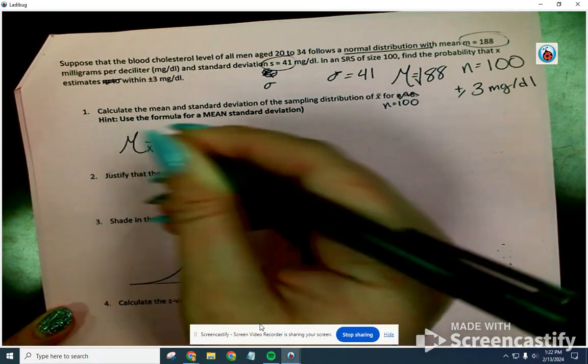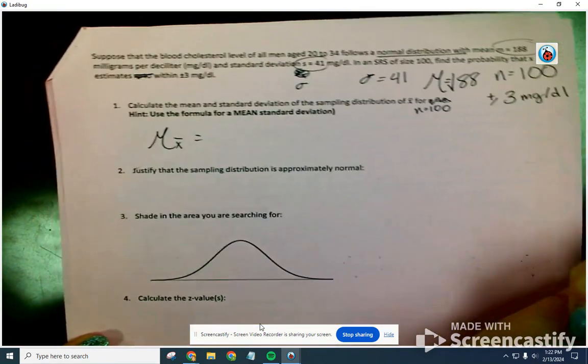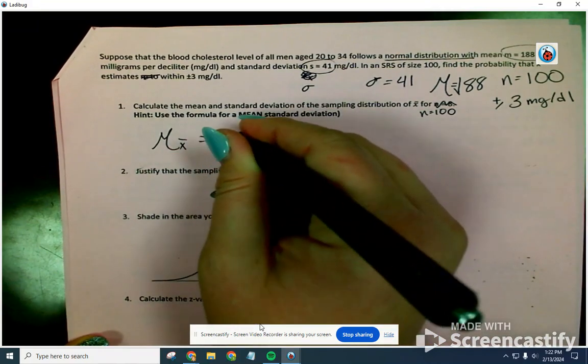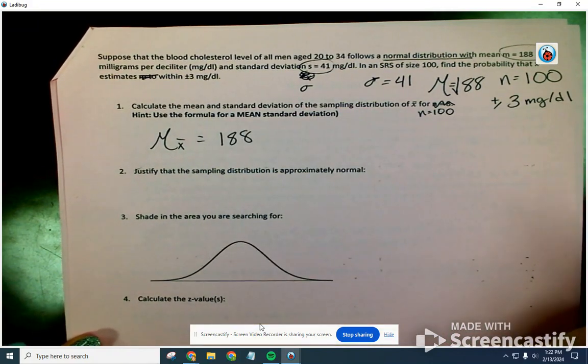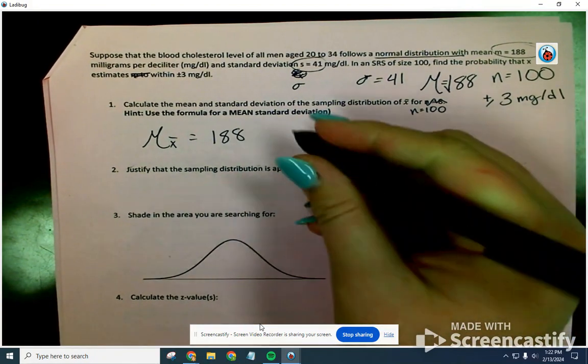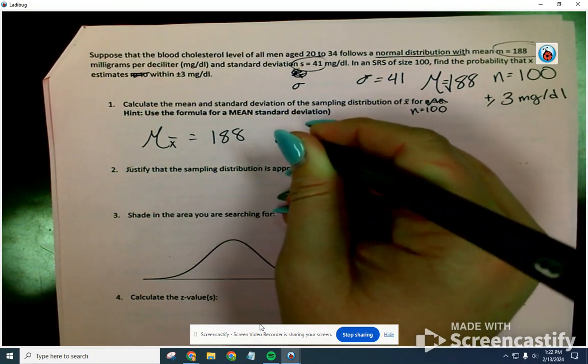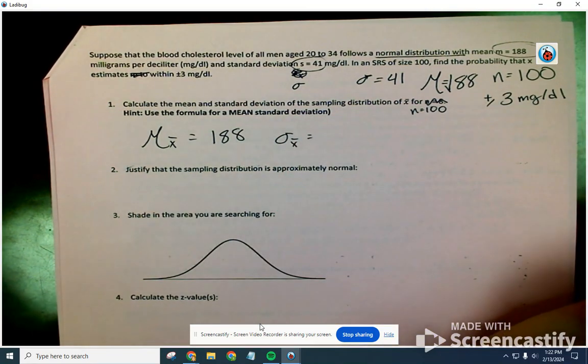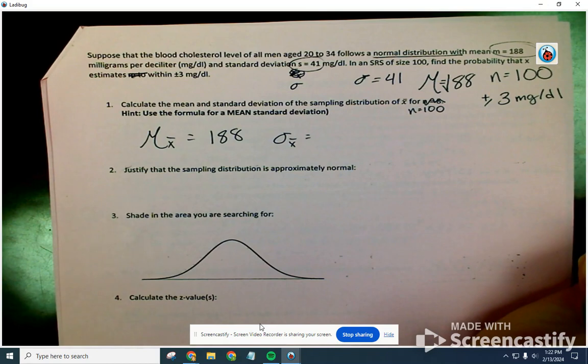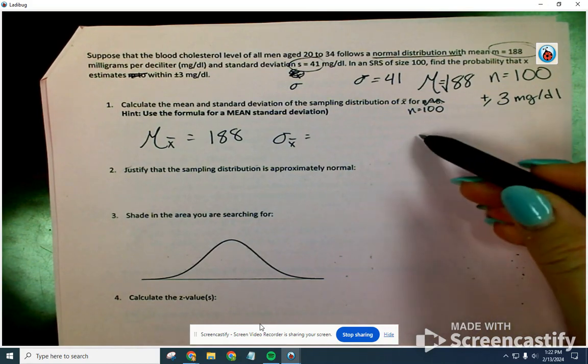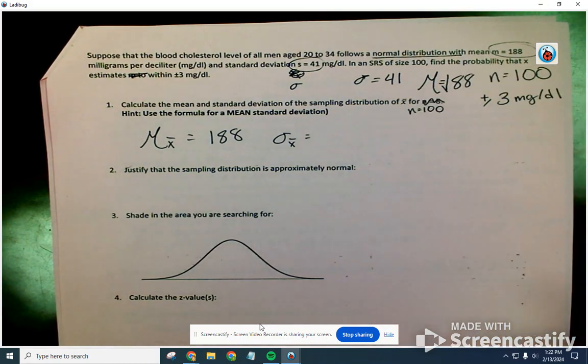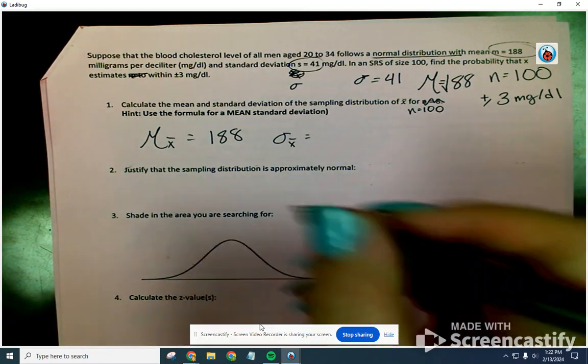So the mean of the sampling distribution is going to be equal to the population mean, that unbiased estimator. Then we're going to find the standard deviation of X bar. The standard deviation for a sample mean is different because this is going to be the population standard deviation divided by the square root of the sample size.